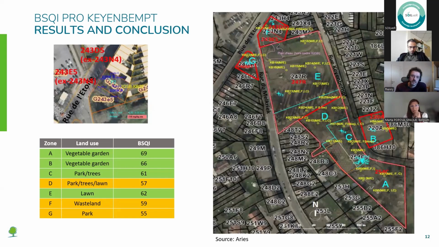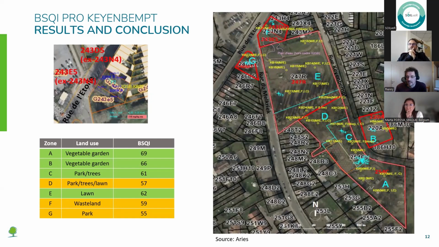Now, the future development of the site involves the erection of a residential building. The question is where to put it. A number of factors will have to be taken into account. First, the actual occupation of the site, green spaces and vegetable garden.